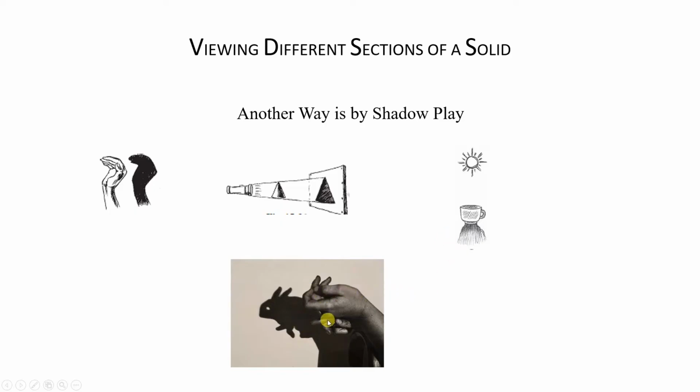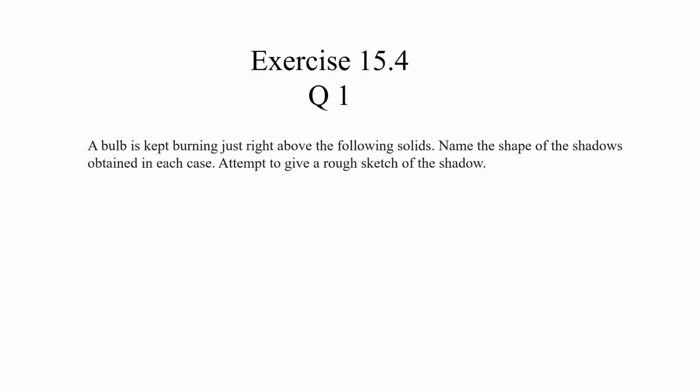Here you can see that one person has used his hands so that the shadow which we can see on the wall looks like a rabbit. So these are called shadow play, and now we will use this kind of shadow play to identify different shapes. So let's start to solve exercise 15.4.